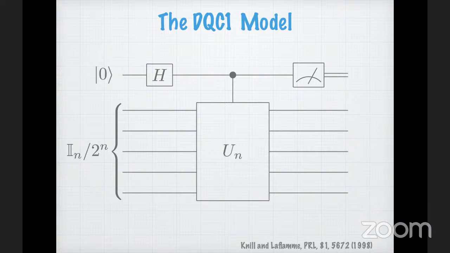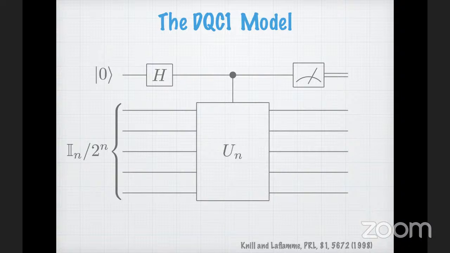But they showed that by constructing the circuit wherein they have introduced one extra qubit, which is in a pure state 0, one can find the trace of the unitary by running the circuit a fixed number of times for any given accuracy, independent of n.